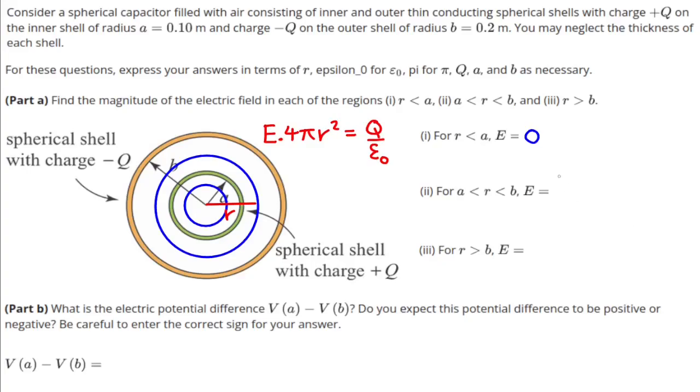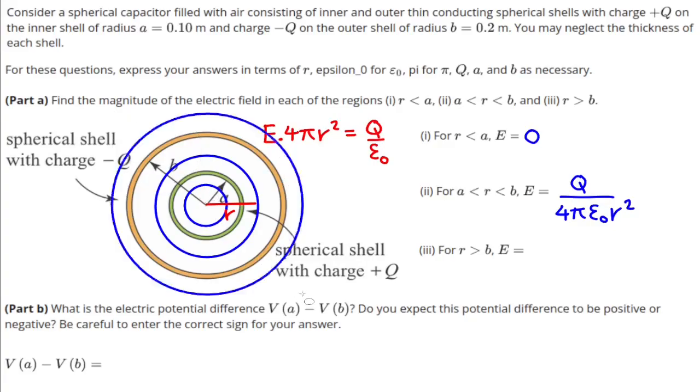So that gives an electric field of the charge on 4 pi epsilon naught by r squared. And if we draw a Gaussian surface outside the sphere, we see the enclosed charge is plus Q minus Q, which is 0, so the electric field is 0.